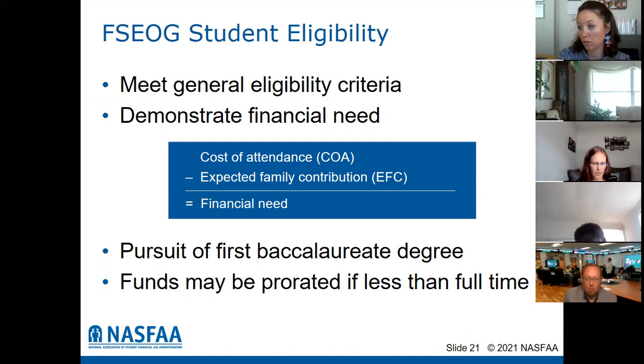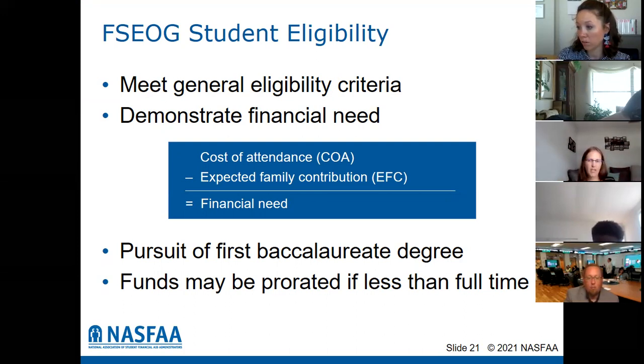I'll just list them quickly again, so you remember what these eligibility criteria are. So you have to have a receipt of a high school diploma or its recognized equivalent, or also homeschooling. No simultaneous enrollment in elementary or secondary school, which would be your dual enrollment. U.S. citizen, U.S. national, or eligible non-citizen. Correct Social Security number. Registration with Selective Service.